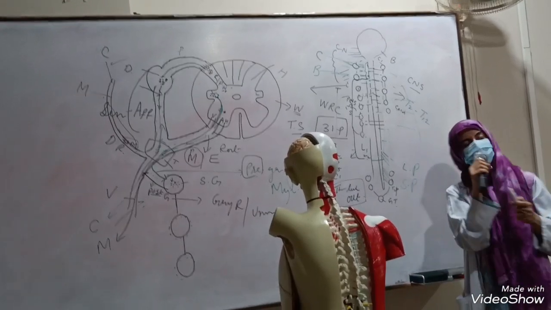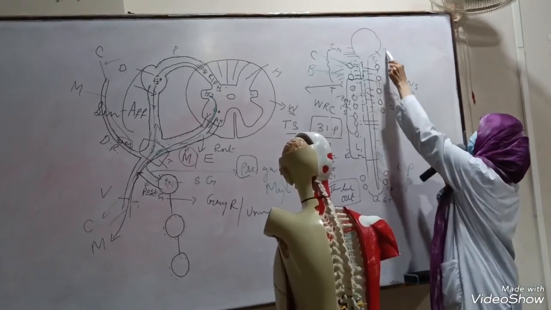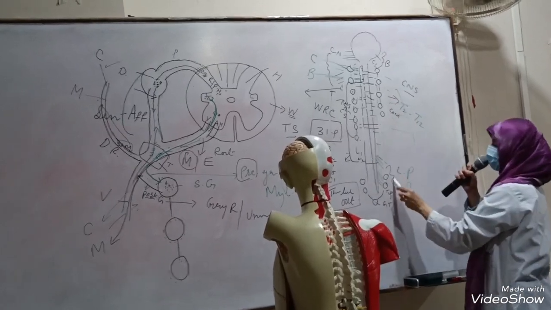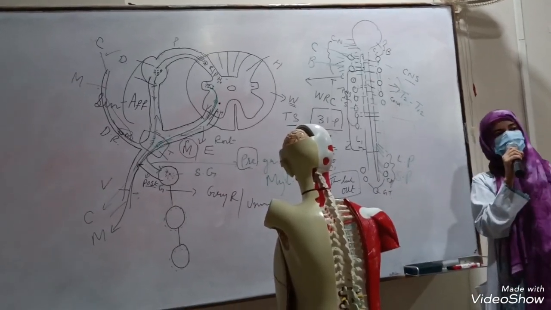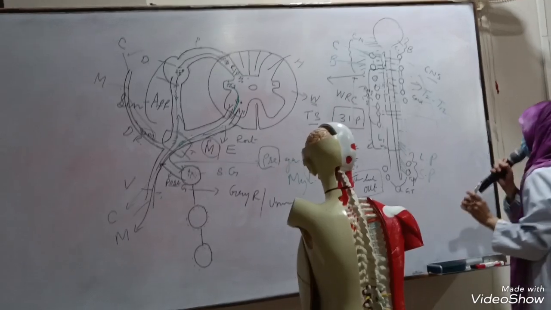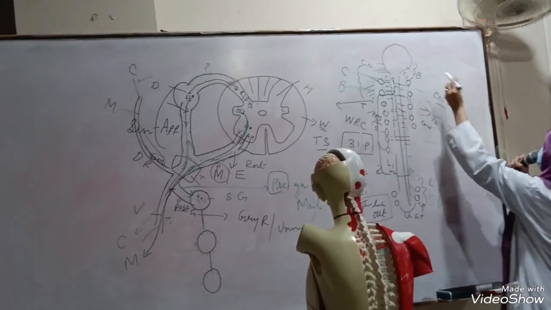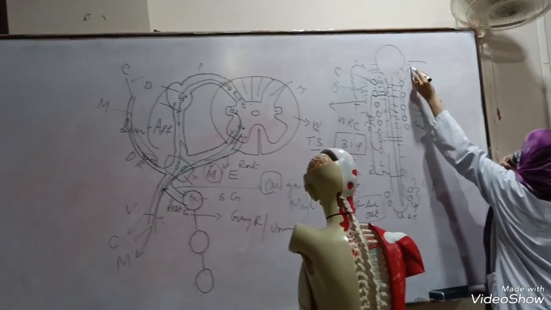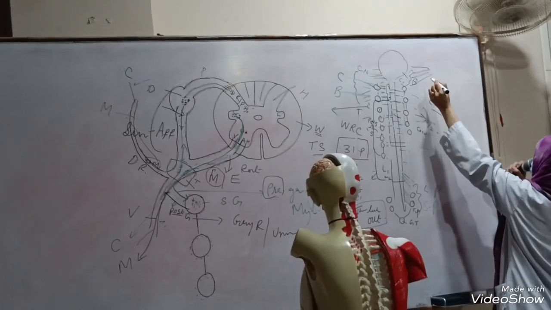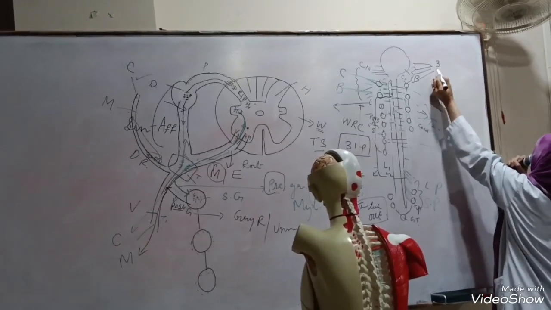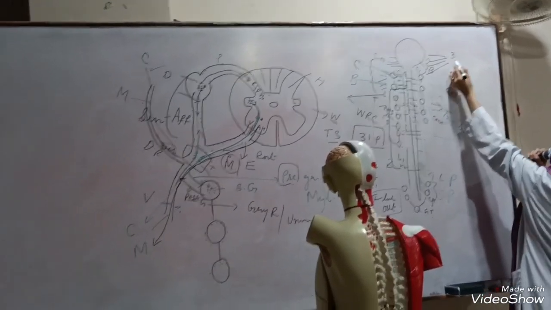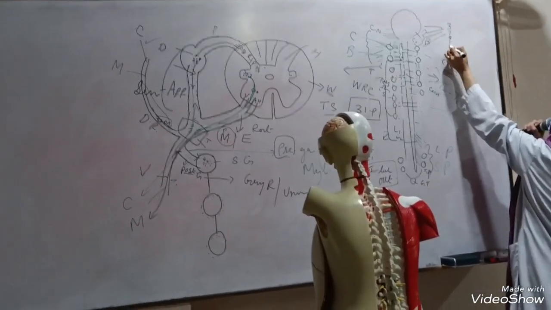So what is for the cervical or cranial region and this sacral region? There lies the parasympathetic system, which is again an autonomic nervous system. It has a few cranial nerves, like 3, 7, 9 and 10.